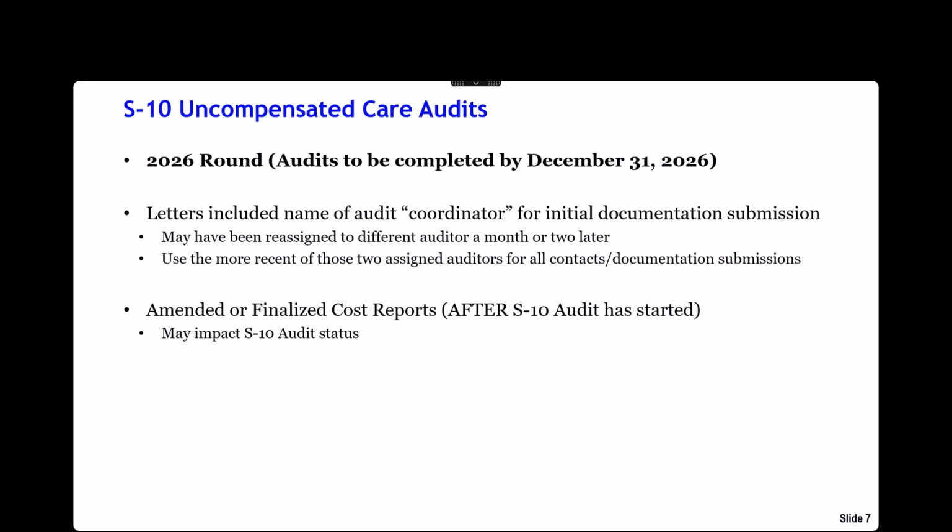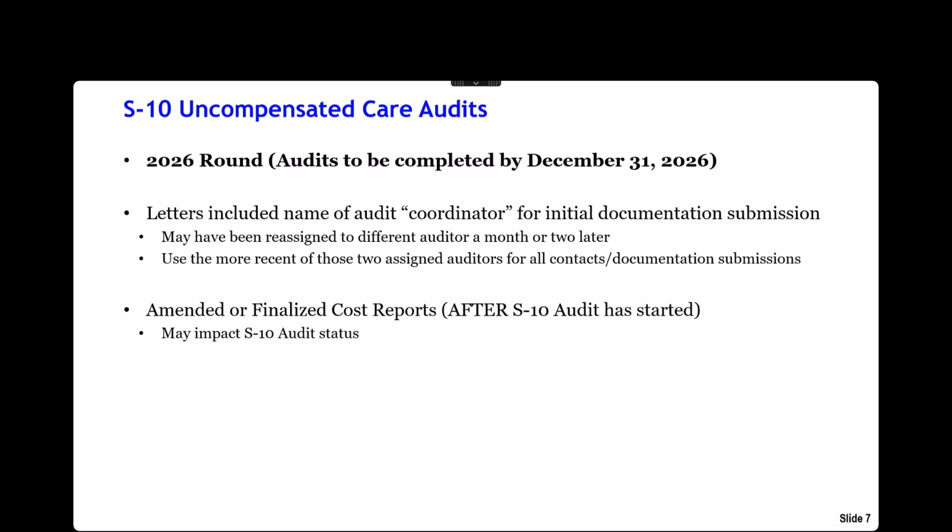But what also could happen is if you qualified for DISH on your as submitted or maybe amended cost report, but then by the time the final cost report is settled, the new SSI ratio might not actually bring you into DISH eligibility. So that might certainly change. We might have started an S10 audit and we might terminate it midway through because you no longer qualify for DISH.